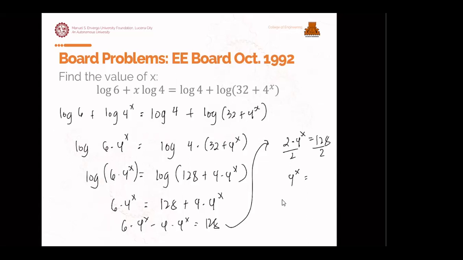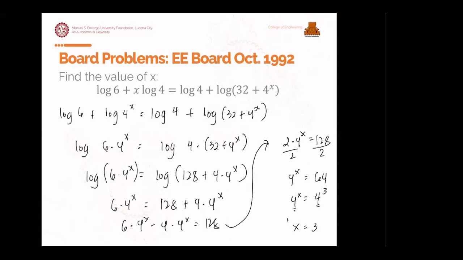Mag-divide, no? 64. And what number can we raise ang 4 para maging 64? So 16 times 4 is 64, so 4 to the power of 3. Okay, so same na tayo ng base. So what we can do is x is equals to 3.